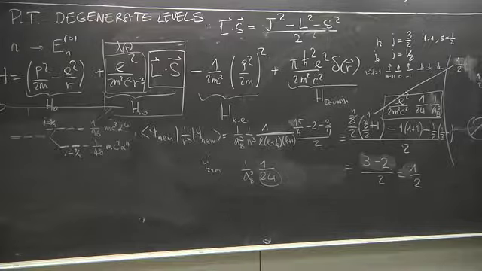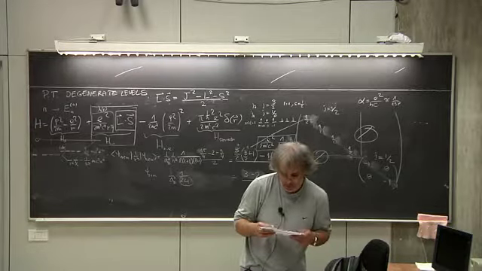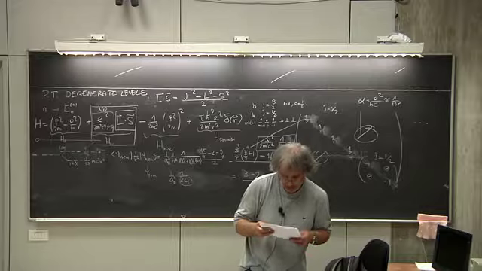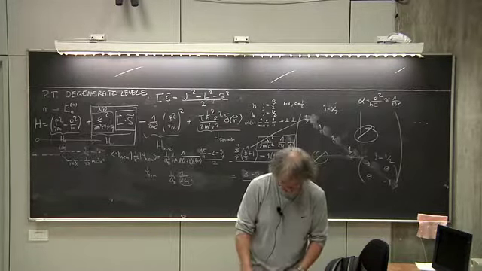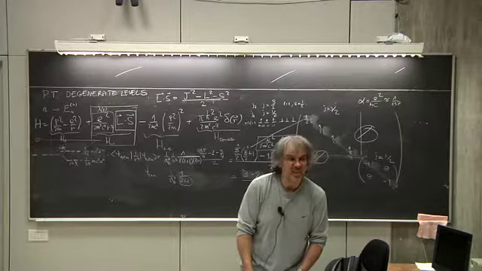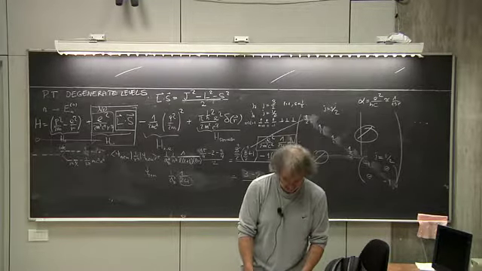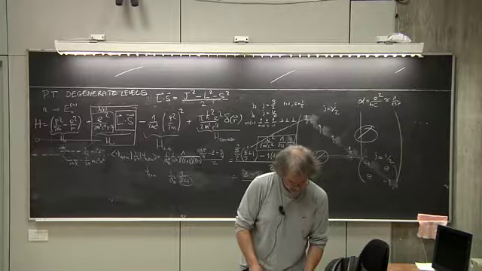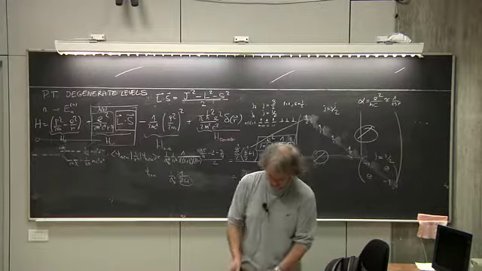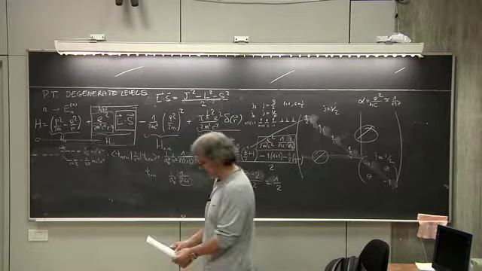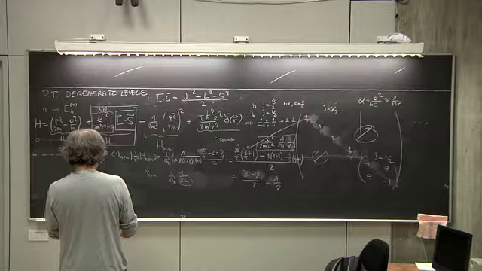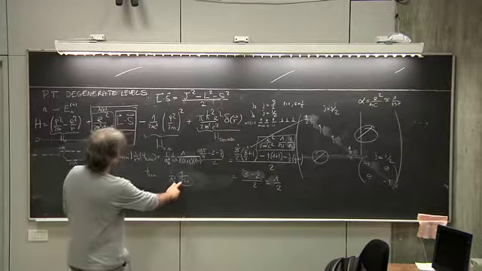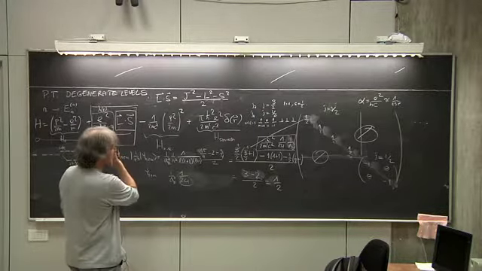The Rydberg alpha square or... Now there are some factors too that I'm missing here. Let's see. The 24 I can get from this matrix element.